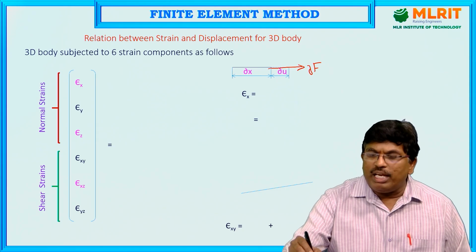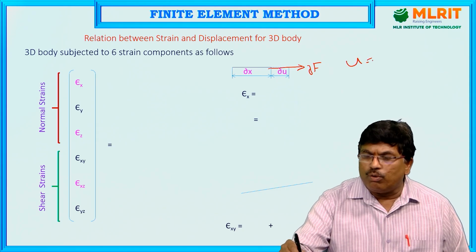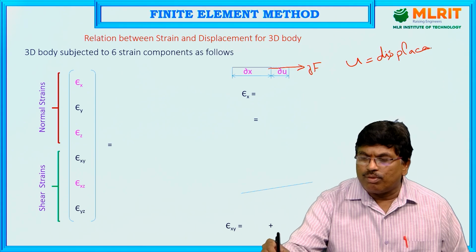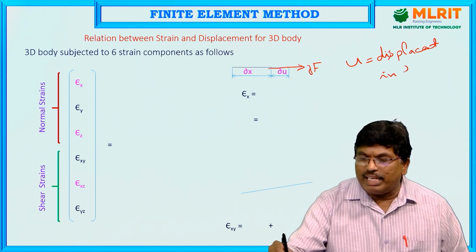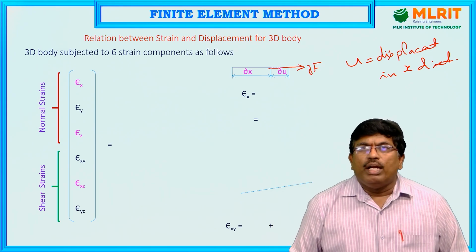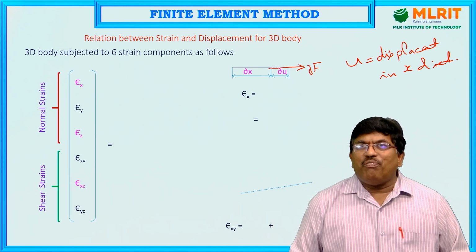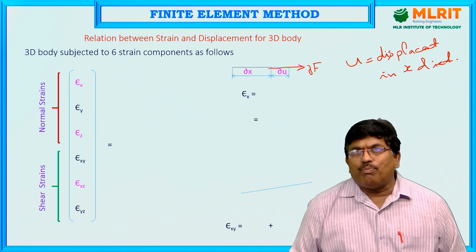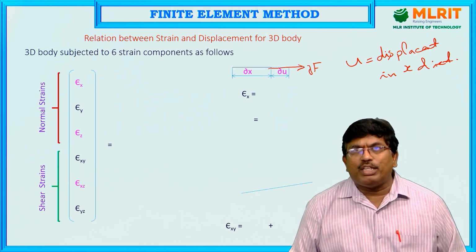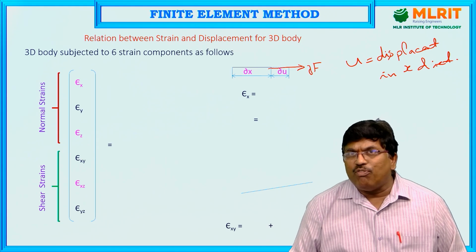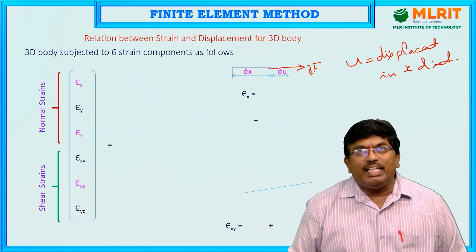Suppose u is the displacement in x direction, and dou u is the differential displacement in x direction. So, if a differential length of the bar dou x is subjected to the differential load dou F, it will be deformed by the differential length dou u.